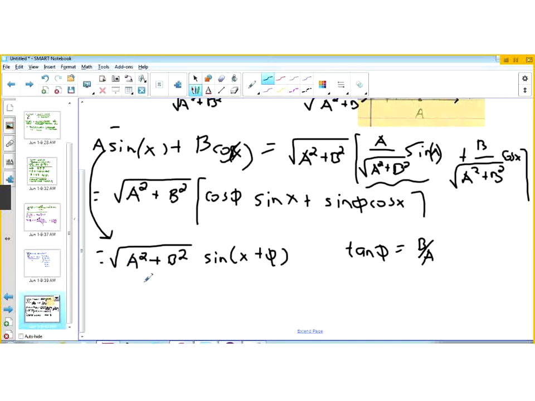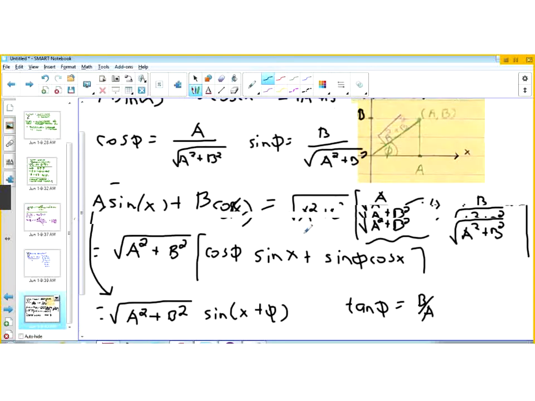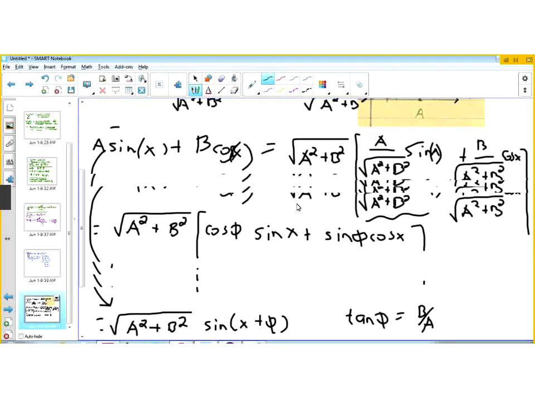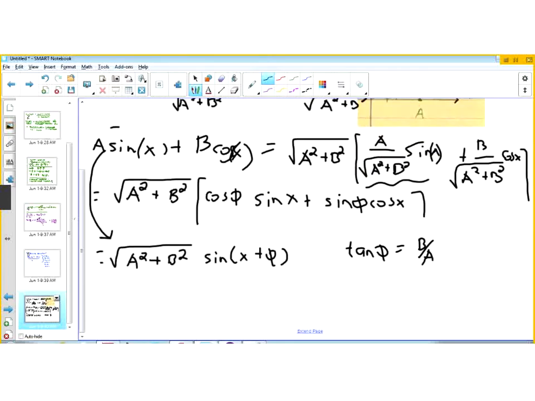So we have this. If you're adding a sine x plus b cosine x, it's the square root of a squared plus b squared times the sine of x plus phi, where the tangent of phi is equal to b over a. Now remember, depending on where b and a are, the sign of the tangent of phi varies, right? So you have to be careful when you calculate phi if you're going to use the tangent function.